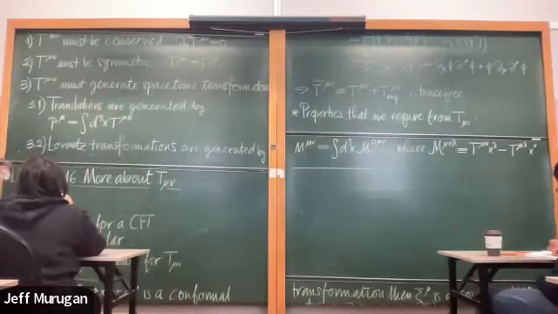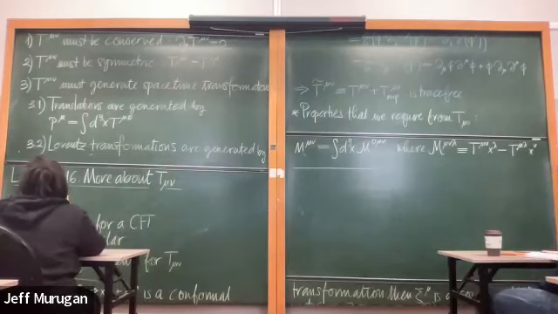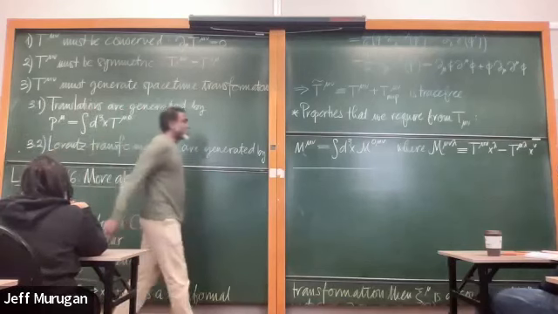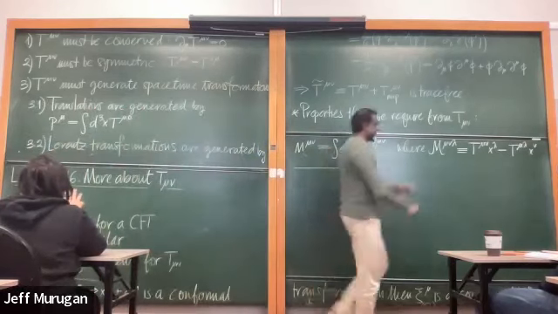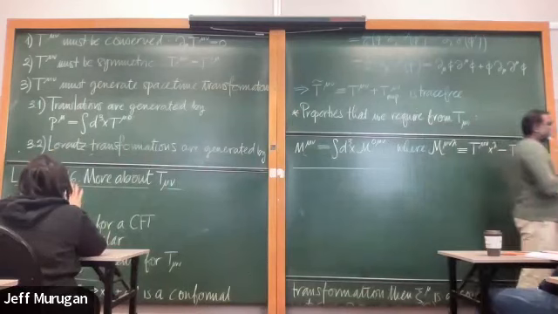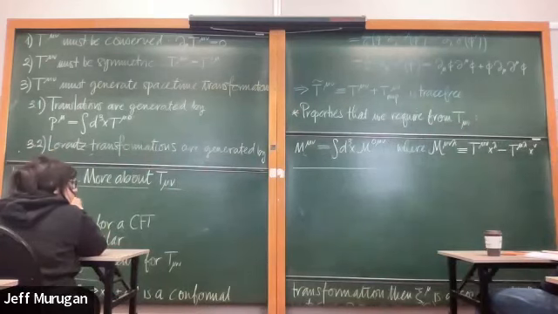Next time, up next week, right? I want to start by saying a little bit more about the energy momentum tensor. In particular, we are going to answer the following question. Are all scale transformations necessarily conformal transformations?